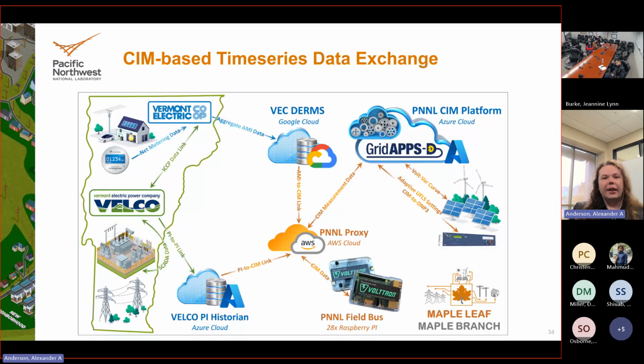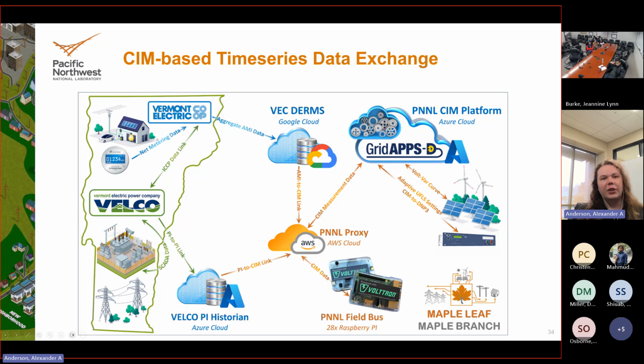To solve that, we set up a time series data exchange platform in the cloud. Multi-cloud, multi-vendor, multi-platform information exchange between the transmission and distribution utilities, where the transmission utility has their on-premise SCADA, PI Historian, pushing data up to Azure.